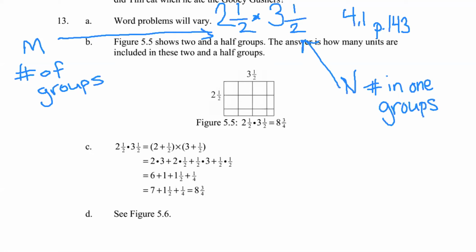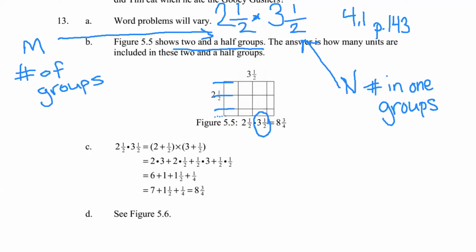So however you word your problem, you have to have 2.5 groups such that in each group there's 3.5 things for a total of the multiplication. And then their visual is just a grid diagram, right? So in their grid, they have the size of a 1, 2, and then visually this is half, right? So 2.5 going down.